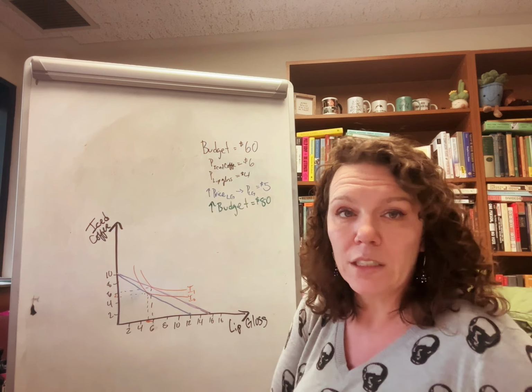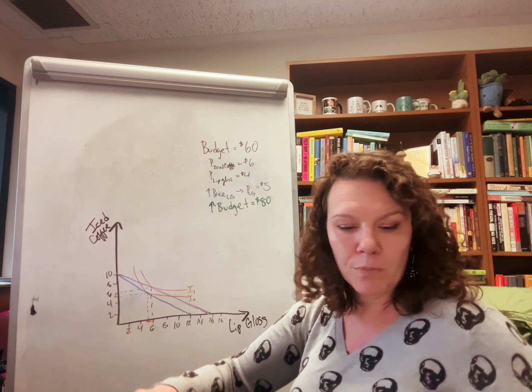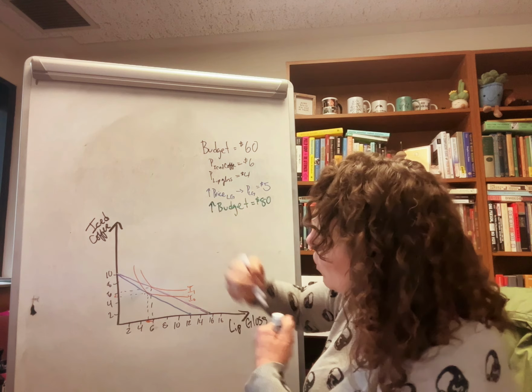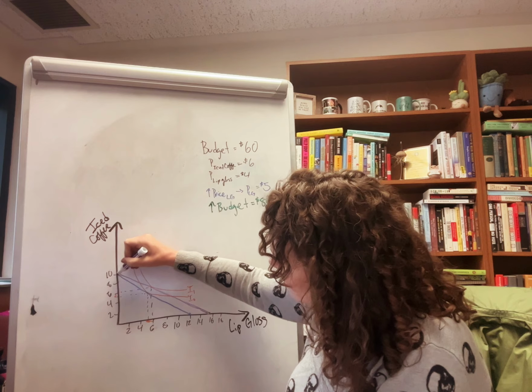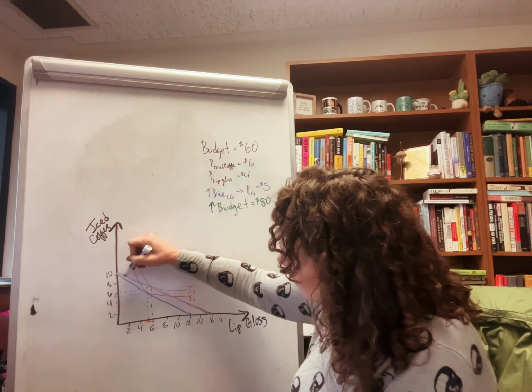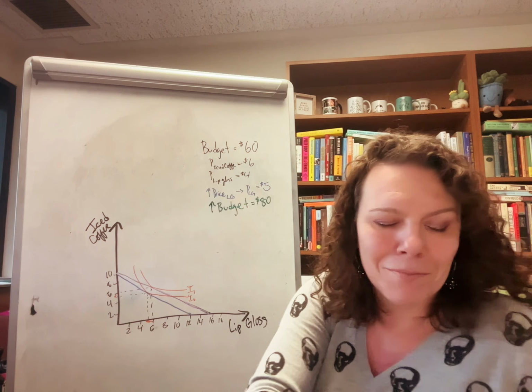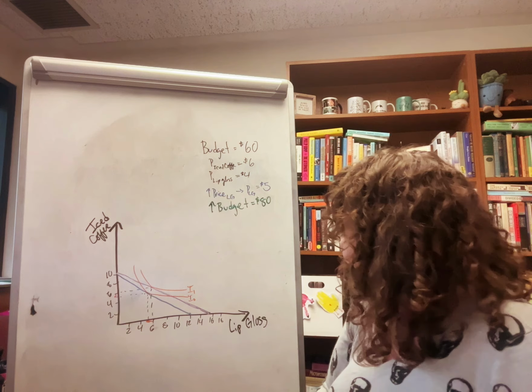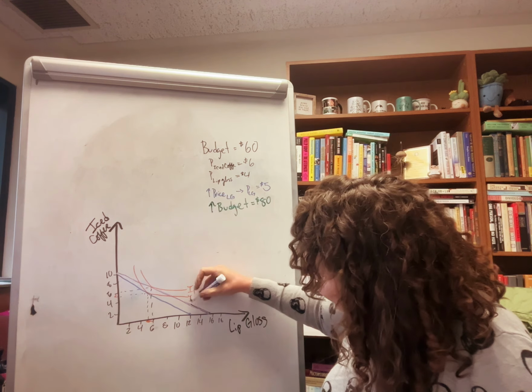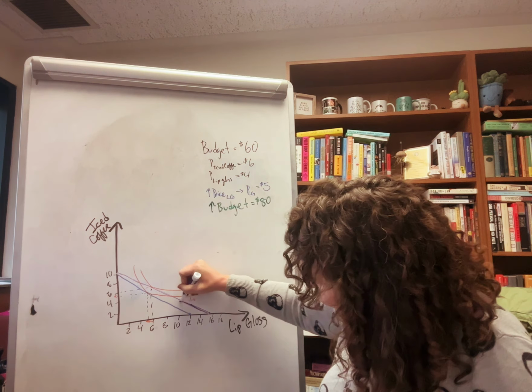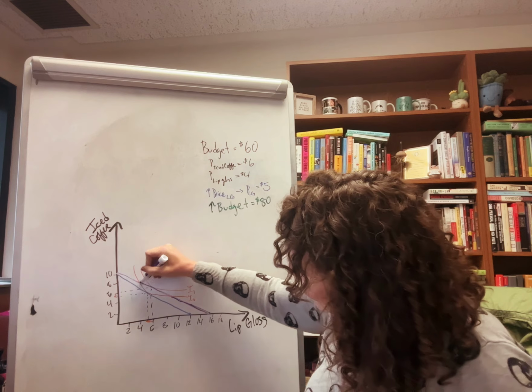Well, that would shift that original purple budget constraint out to a higher level, because now it would change not just our maximum consumption for lip gloss, but also our maximum consumption for iced coffee, because we just straight up have more money.